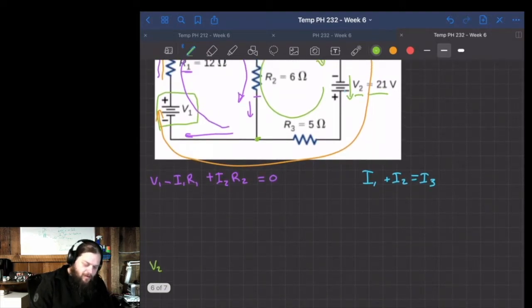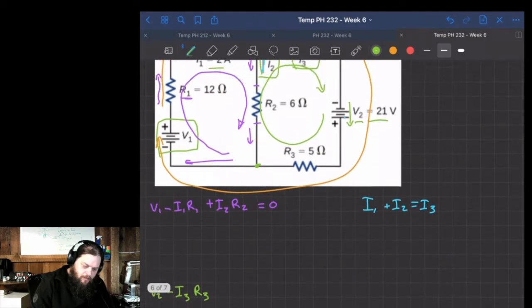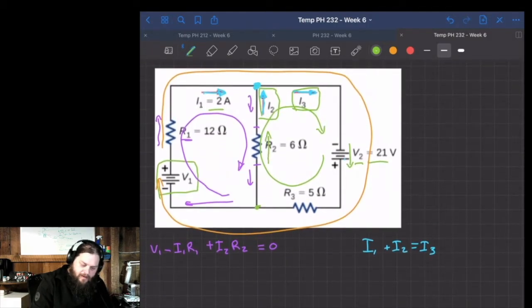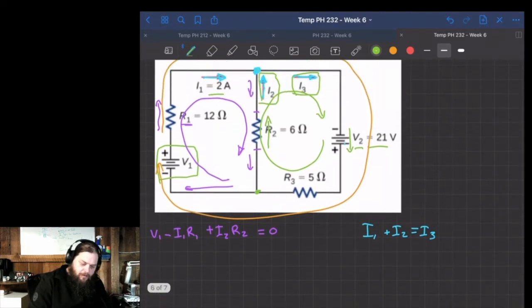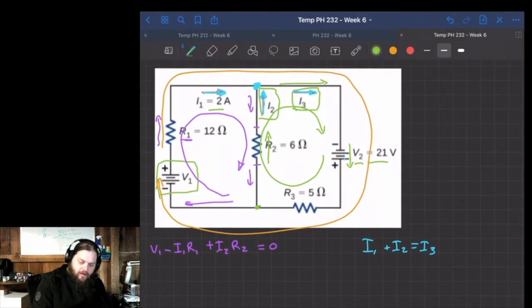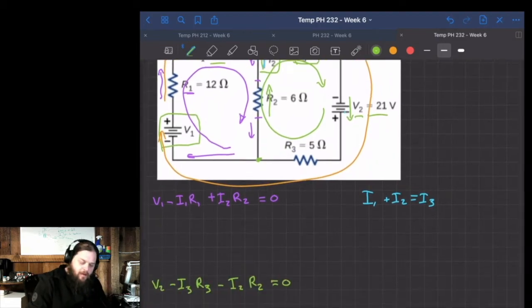So V2 minus I3 R3, and here we're going in the same direction as the current, so minus I2 R2, and that should equal 0, because there are no resistors on the top. It's the same current going through, with no voltage drop.